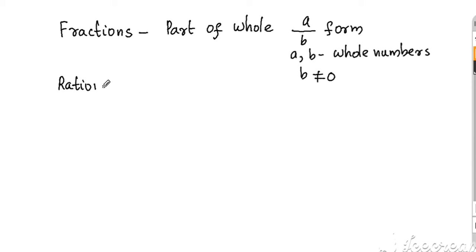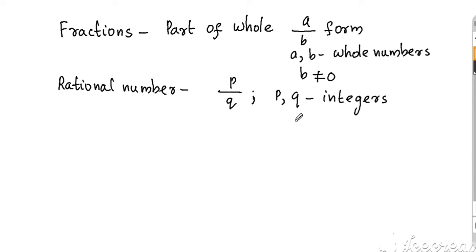The definitions are similar, but in case of fractions, the numerator and denominator are whole numbers, but in case of rational numbers, the numerator and denominator are integers, and the denominator cannot be 0. Okay, so rational numbers and fractions are not same.